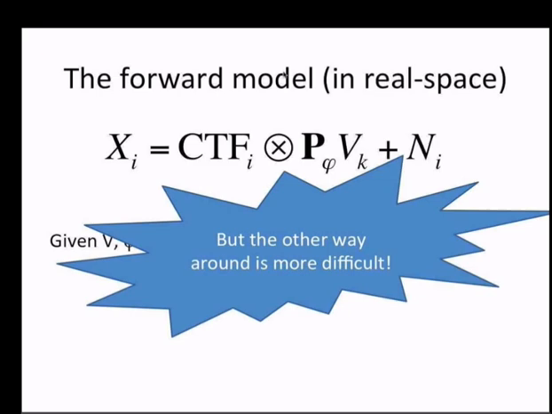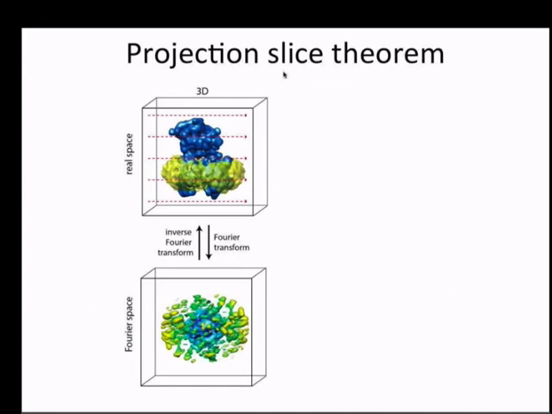Before we go any further, I thought it would be useful to introduce the projection slice theorem for those of you who are not aware of it, because it helps thinking in real and reciprocal space. If you have a three-dimensional map like the one on the upper left here, then you can calculate its three-dimensional Fourier transform, and that's just a mathematical operation.